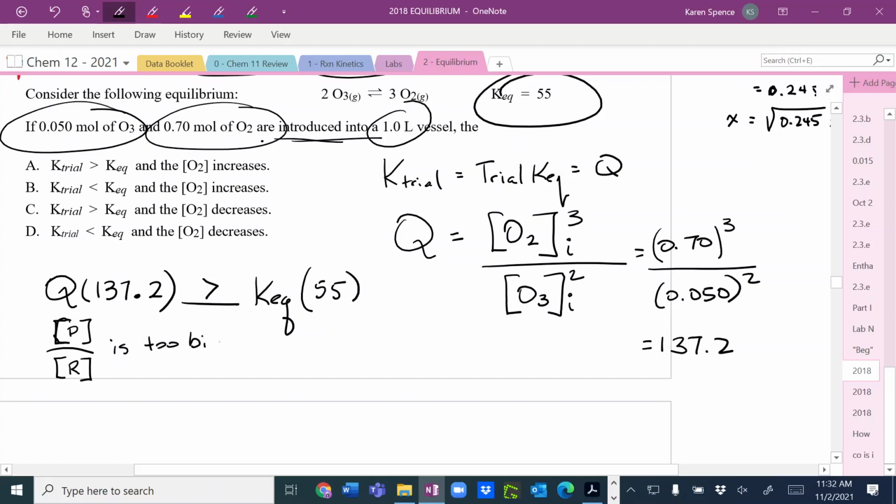Too big. Yes, because it's bigger than we want it to be. It's too big, therefore we need to shift. Are we shifting towards products or away from products? Therefore we'll shift away from the products towards the reactants.